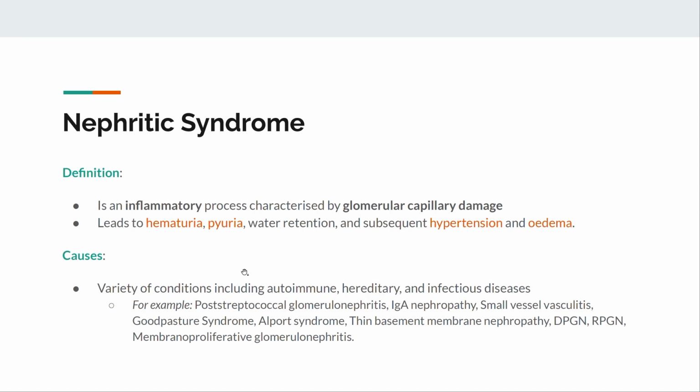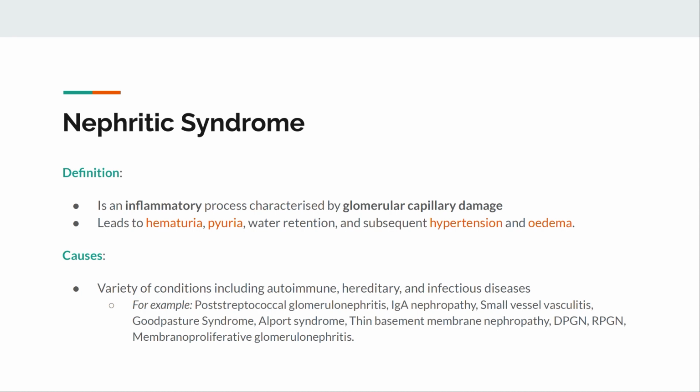Nephritic syndrome is an inflammatory process characterized by glomerular capillary damage, which leads to hematuria, pyuria, issues with water balance, and edema again. But the difference will be the blood. Nephrotic syndrome didn't have the blood. So it's the inflammation here that makes it different.